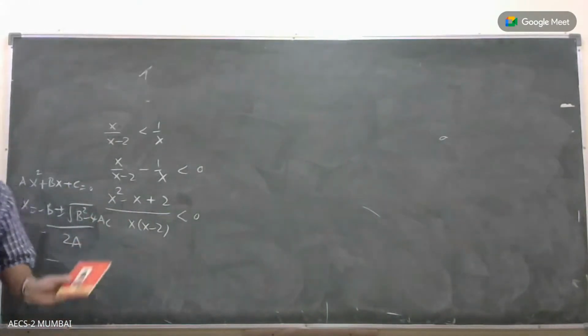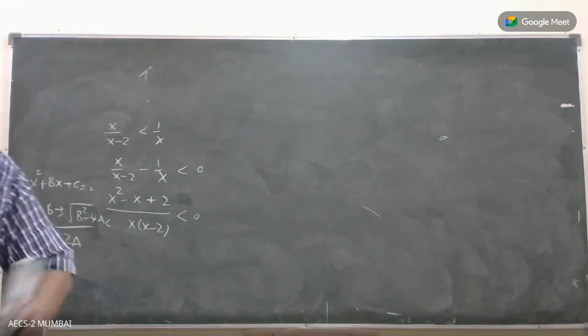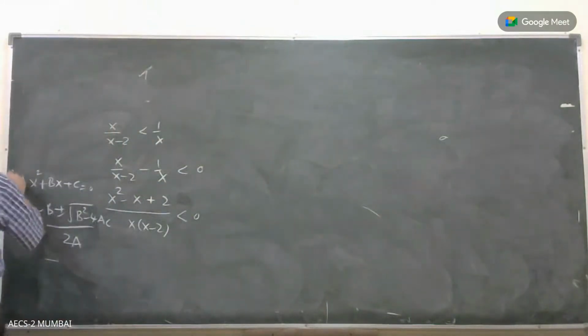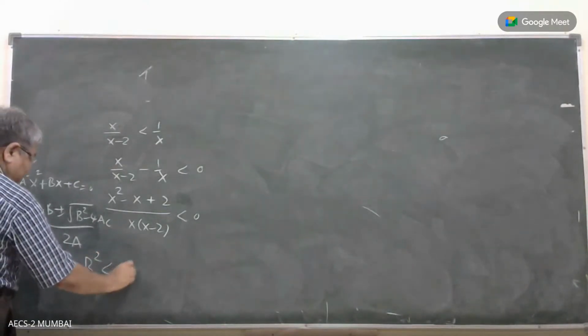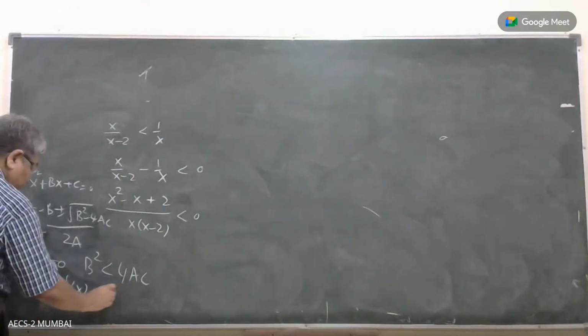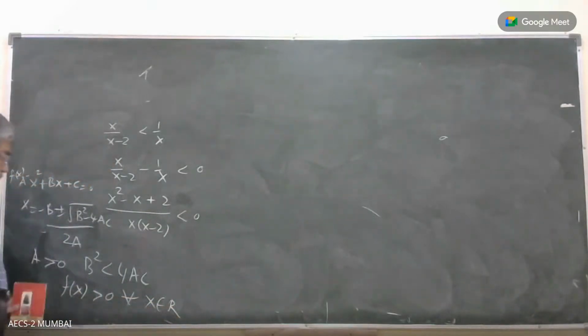Does it have real factors? Real. So there's a great theorem, the great essence of quadratics. What if f of x is this, and a is positive, and b square is less than 4ac, correct? Then f of x is positive definitely for all real values of x.